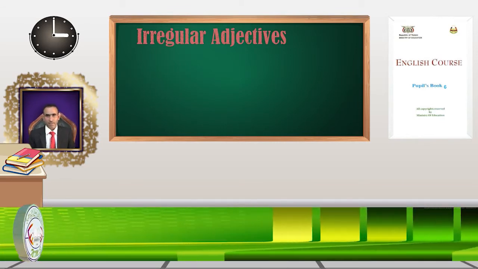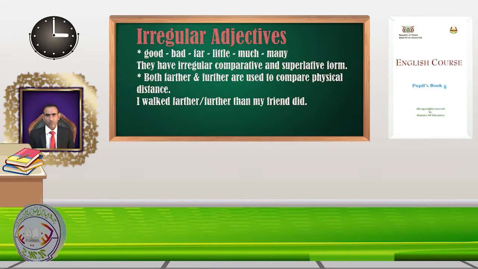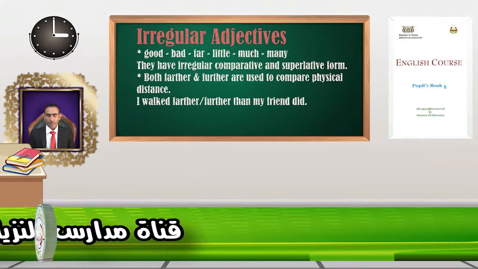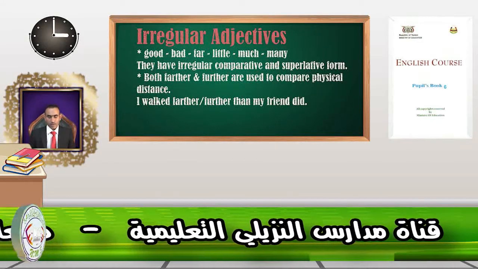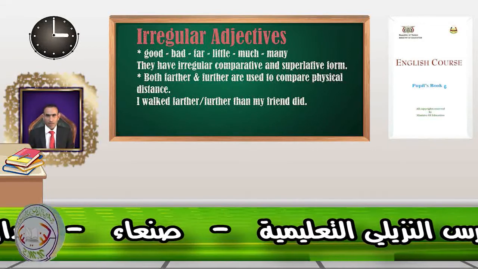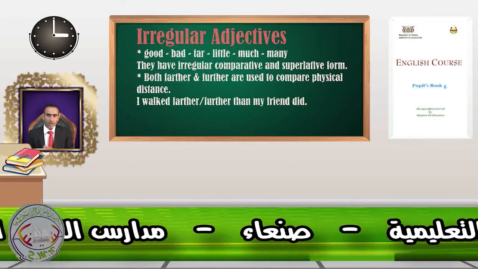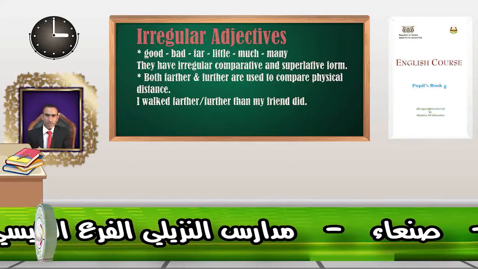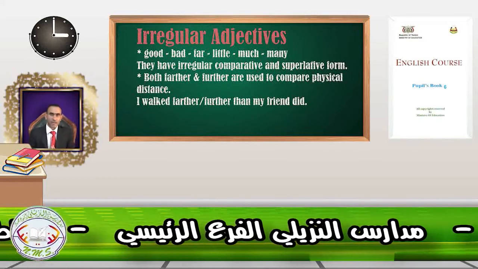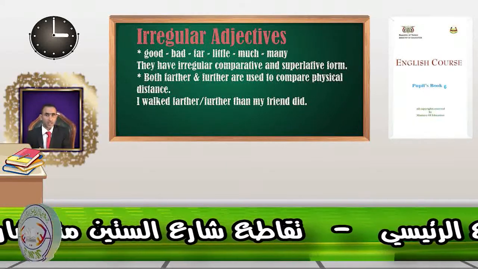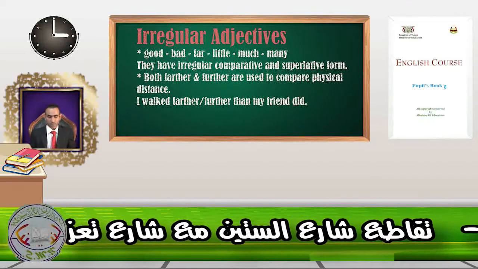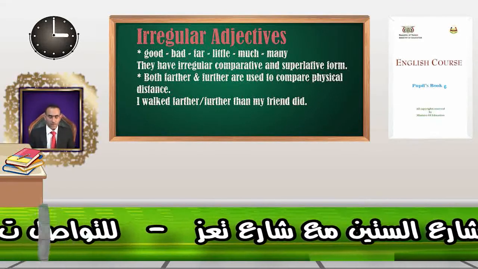Irregular adjectives are good, bad, far, little, much, many. They do not add ER to the comparative or EST to the superlative. We said they are different.